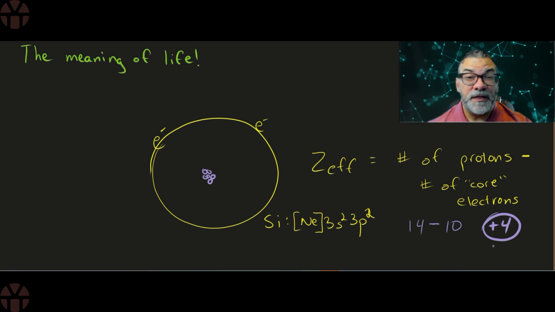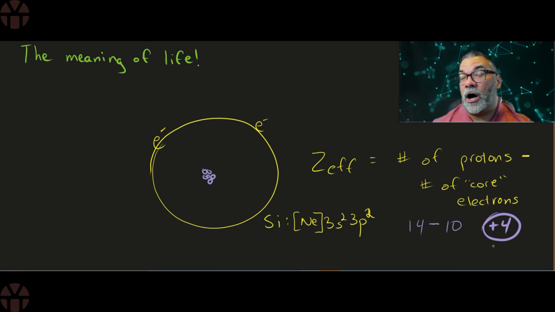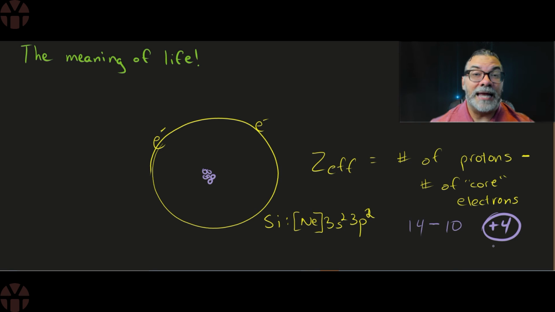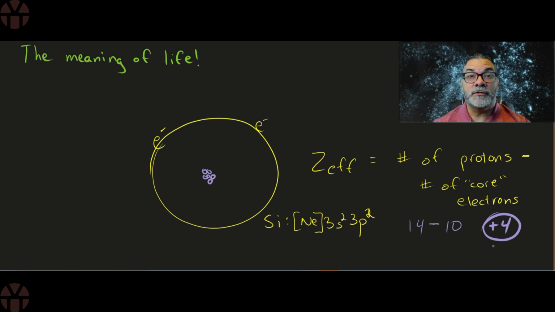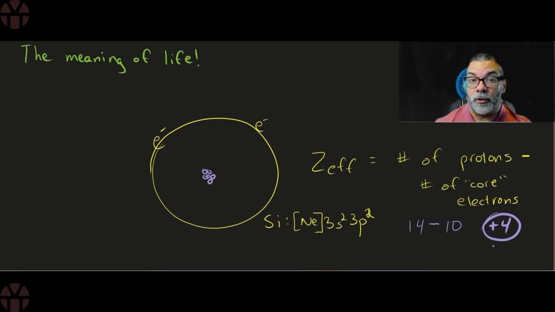How about the same 10 electrons that aluminum had for its core and the same 10 electrons that silicon has for its core? When you compare those 10 to 13 versus 14 protons, the more protons you have, the more attractive you become.